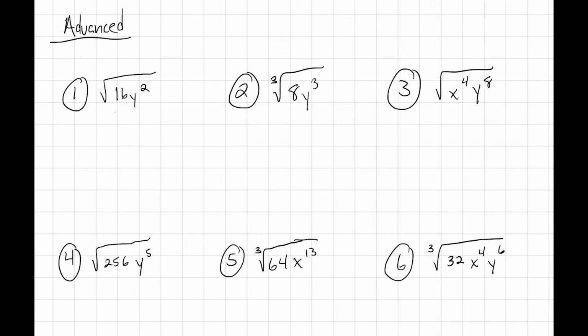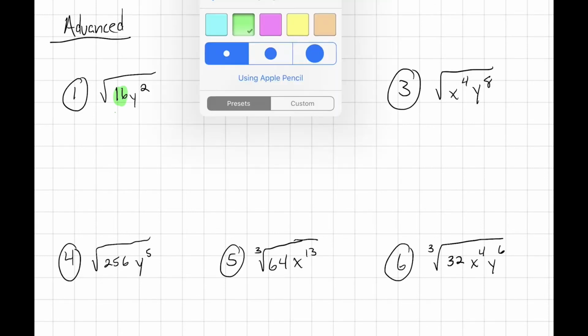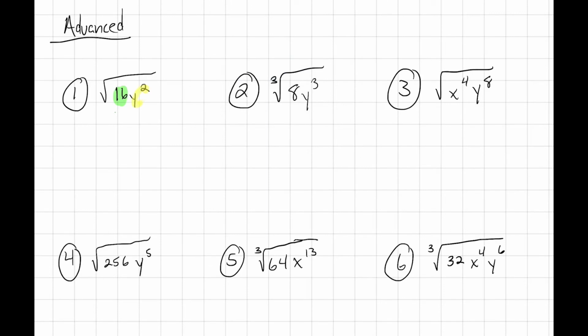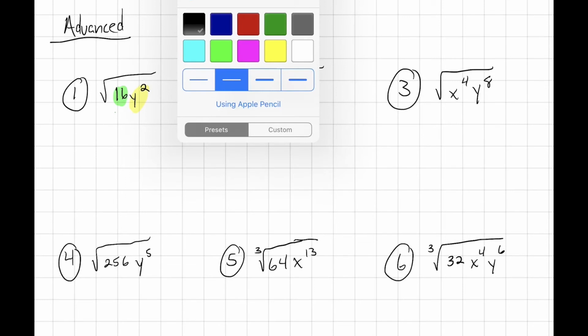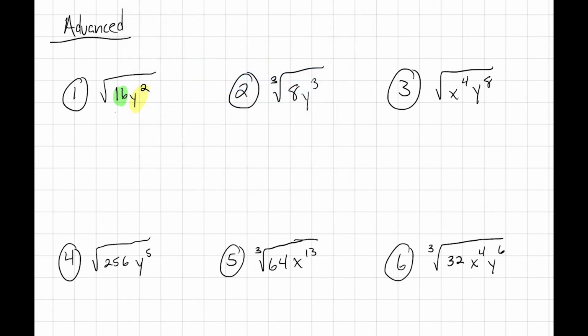So first thing, in example number 1, I see that I have my first part, a coefficient of 16, and the second part, which has our variable, y to the second power. When I go to solve these problems, I just break them down into those parts. The first part that I'm going to take care of is just the square root of 16. I'm not worried about anything else.